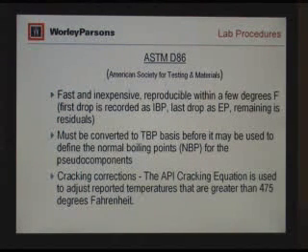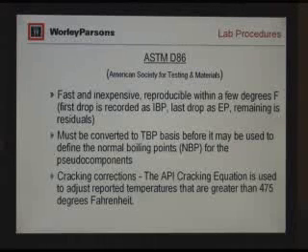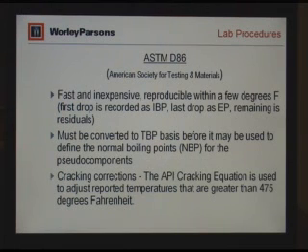They'll write down the temperature that they read on the thermometer and say that's the initial boiling point. And the last drop is recorded as the end point. And then you'll have some things left there in the bottom of your flask, and they call it the resid or the residuals. Now, in order for Pro 2 to use the D86 data, they need to convert it to a TBP basis before they can do any math with it to cut it up.